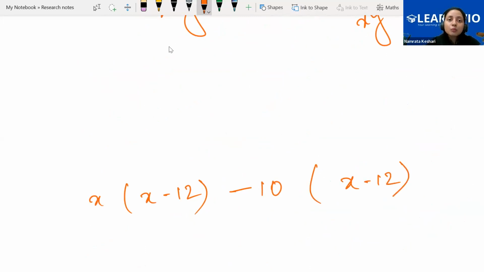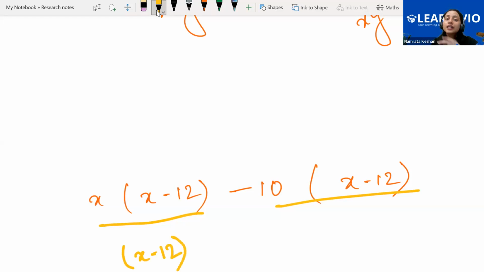Can you see how many terms we have here? Can you tell me, Furkan, how many terms we have over here? Two terms, ma'am. One term, another term. Now in these two terms, what is the common factor? What is exactly the same? x minus 12.